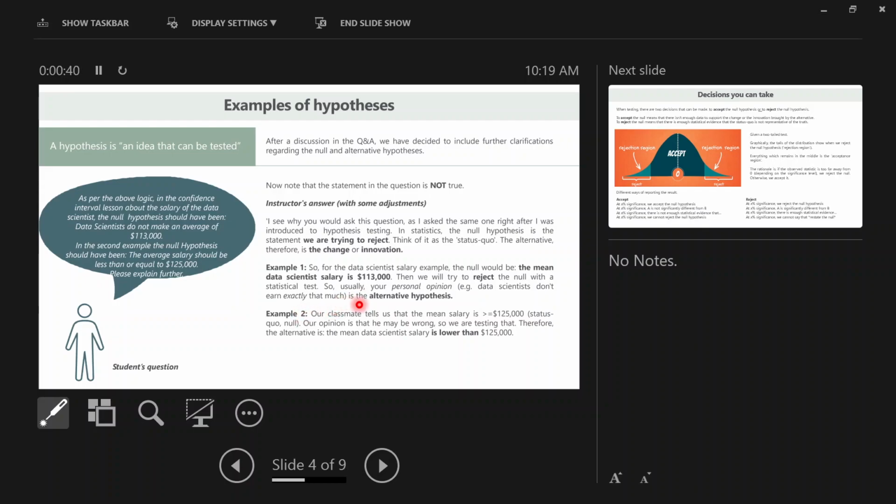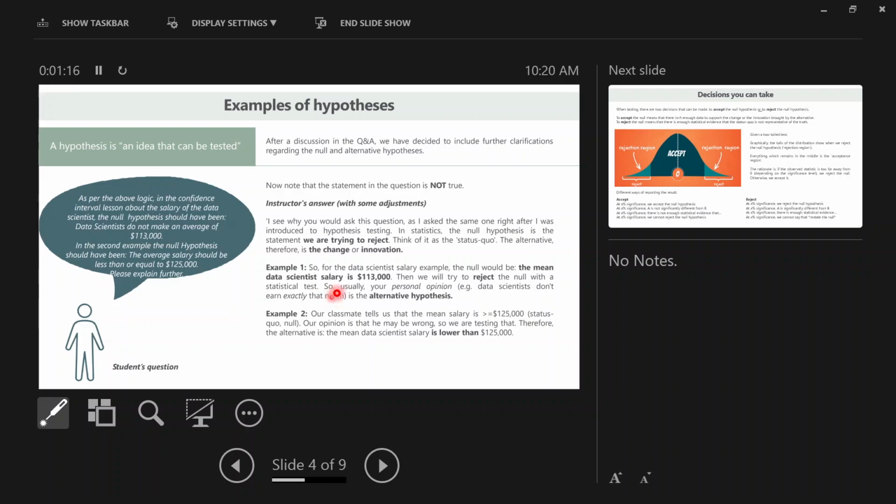So that becomes your alternative hypothesis. The mean data scientist salary we calculated, we got 113 US dollars, if you recall very well, on the data set we used yesterday. But you are trying to say that data scientists don't earn exactly that much. So that becomes your alternative hypothesis.